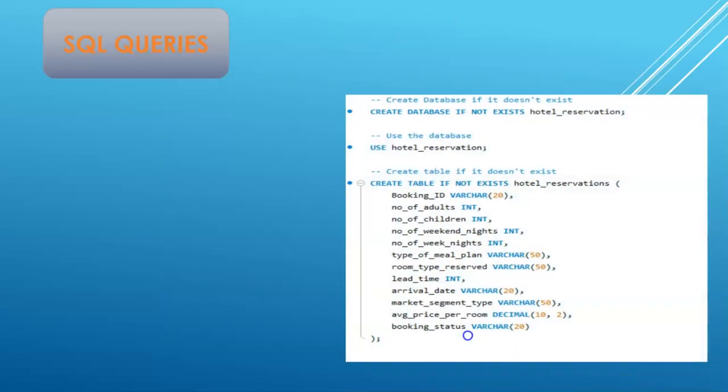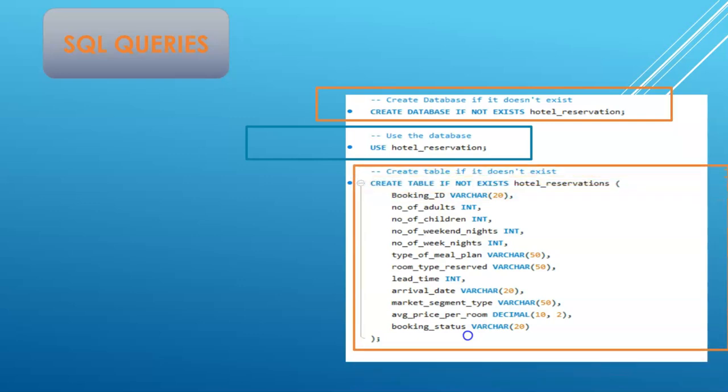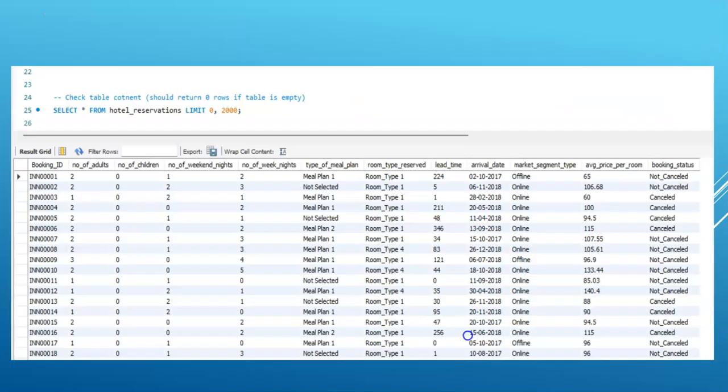So these are the SQL queries. First, I create a database named hotel reservations. Then I use the hotel reservations database and create the table containing the previous columns.